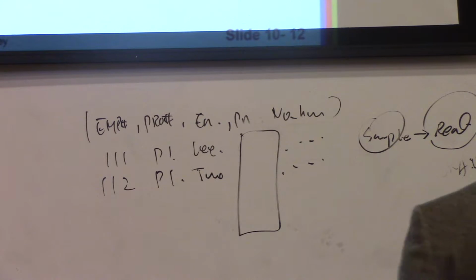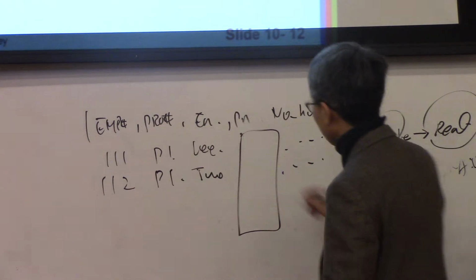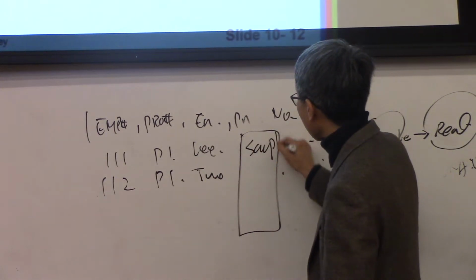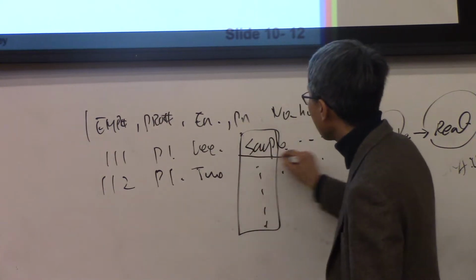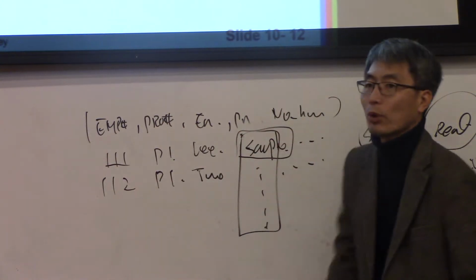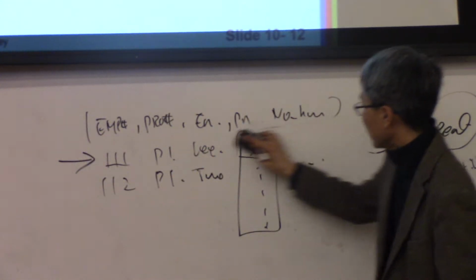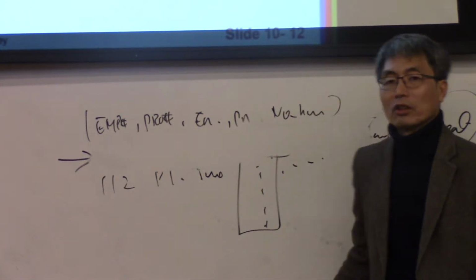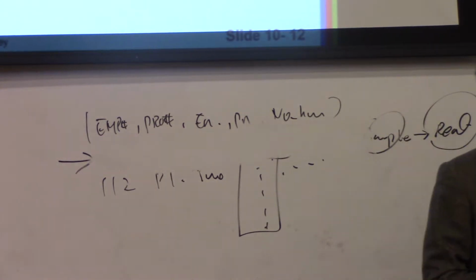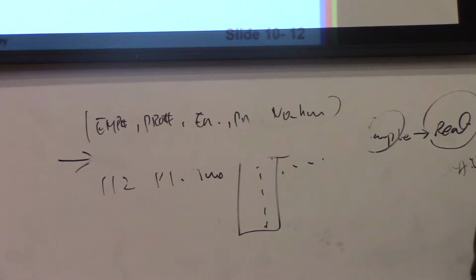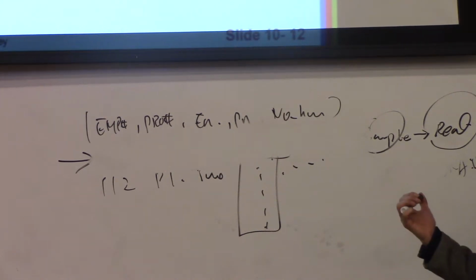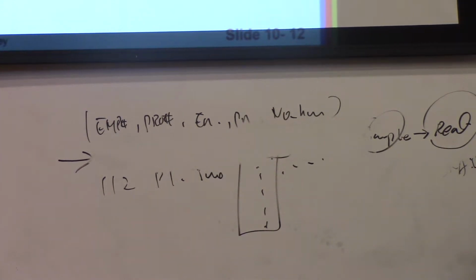And also another thing is, what if there's a sample project and all the other projects, and only one employee for the sample project. What if you delete this row? Employee 111 is retired. Then where is the sample project? The sample project is removed automatically.